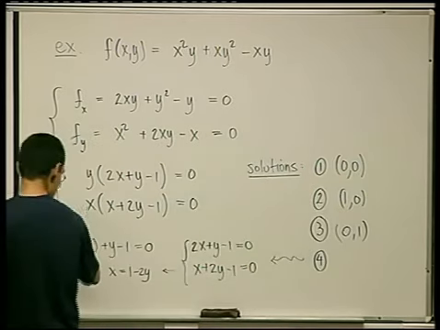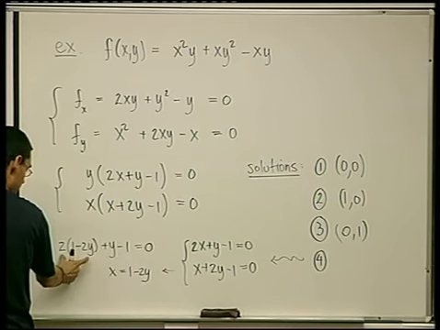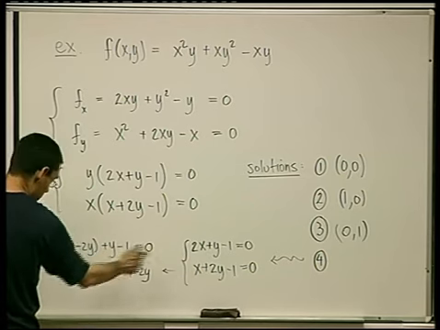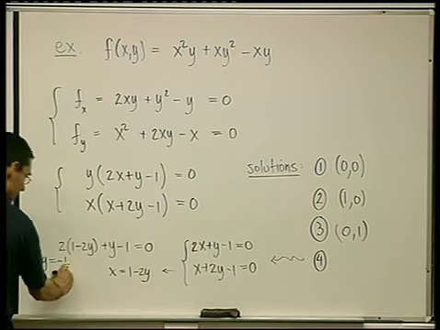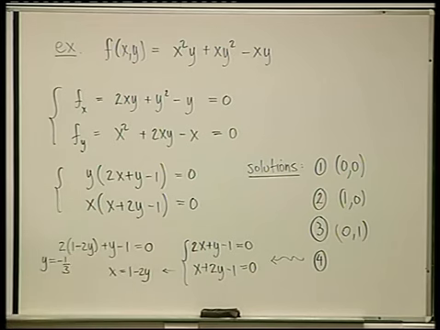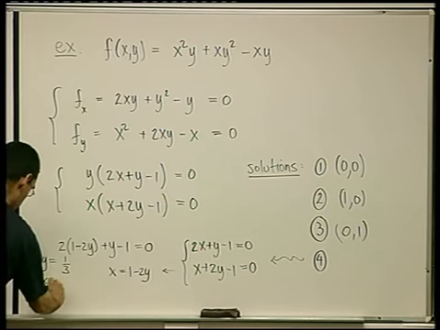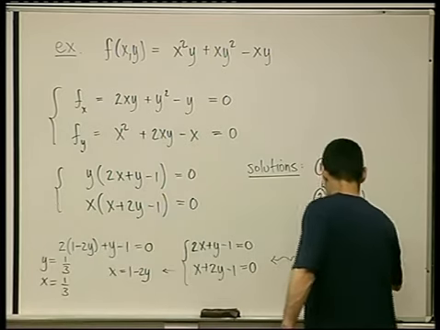We get 2 minus 1, so we get 1. Minus 4y plus y is minus 3y. So 1 equals 3y, so y equals 1/3. And x was 1 minus 2y, so x is 1/3 as well. So that's the fourth point.